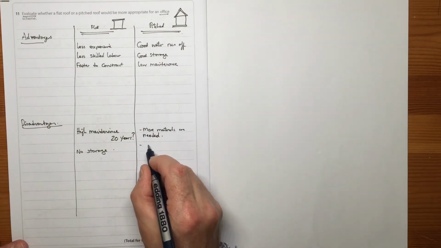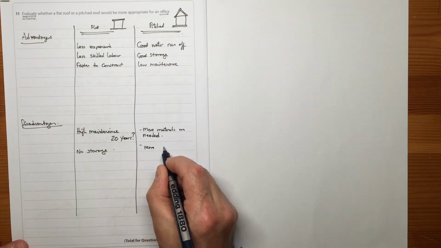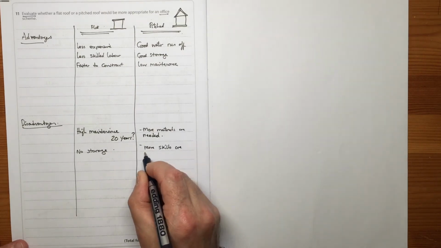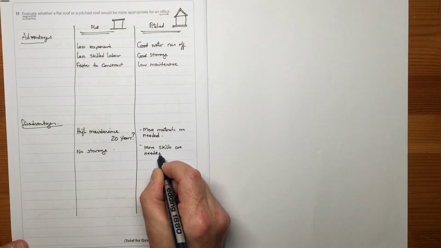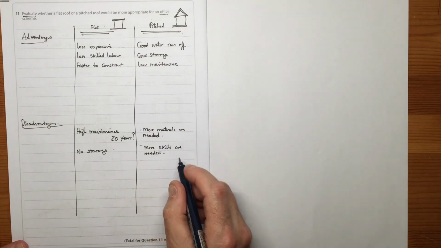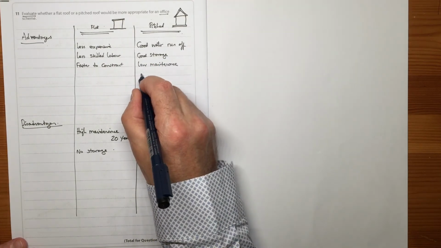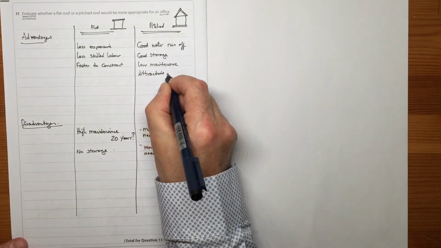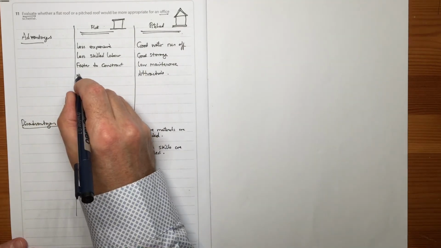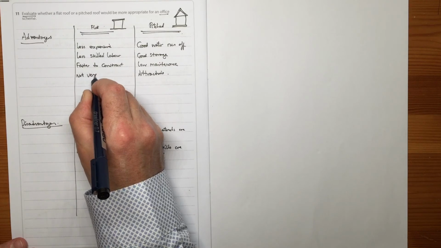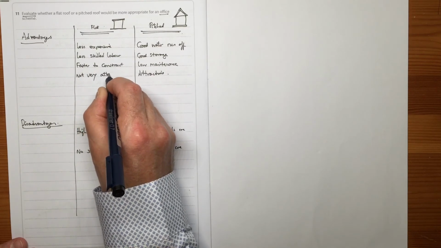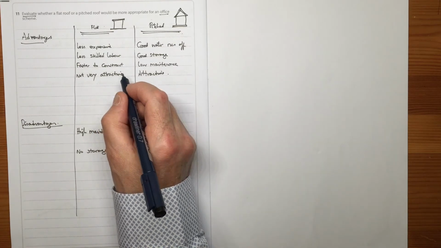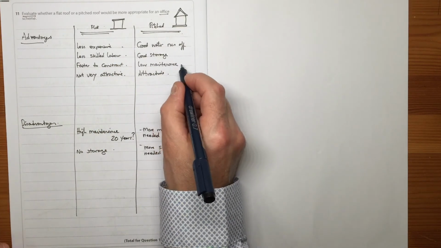What else? More skills are needed. An advantage of pitch is attractive. This one is not very attractive. I mean, the word is aesthetic, isn't it? Architecturally aesthetic.